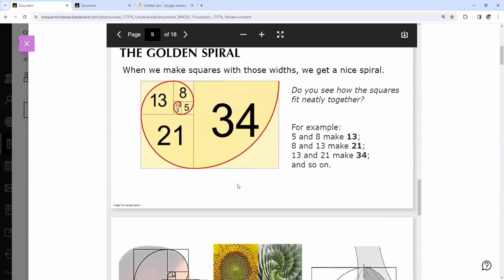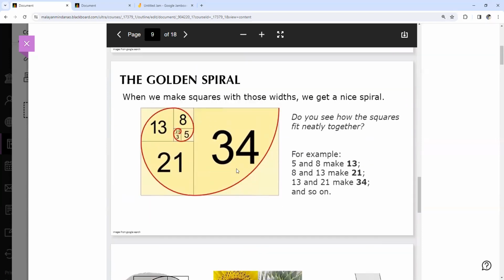And also in the golden spiral. So when we make squares with the widths of the Fibonacci sequence, we get a nice spiral. You start by creating tiny squares with width 1 followed by width 2, 3, 5, 8, 13, and if you arrange them, they can form a spiral.